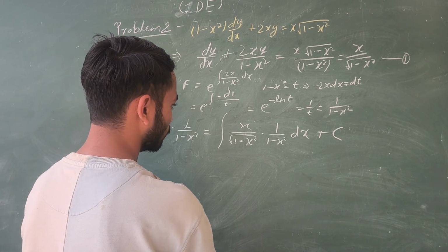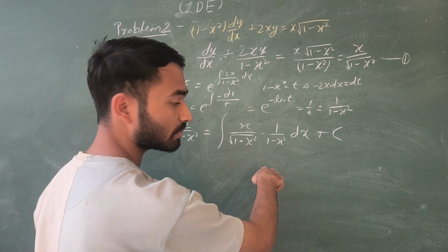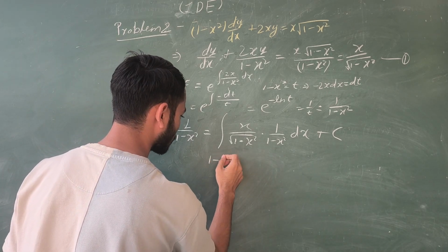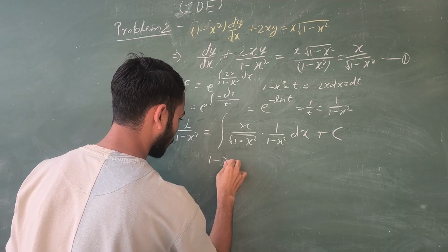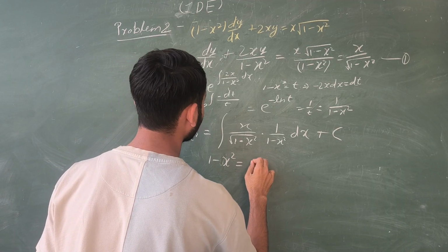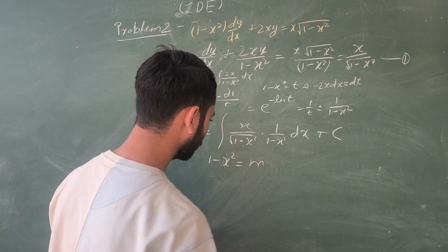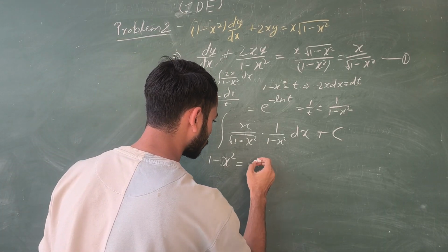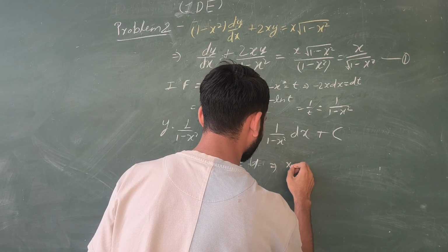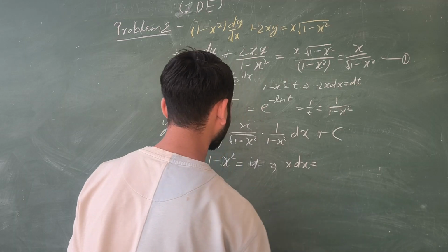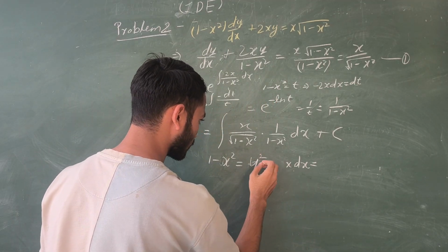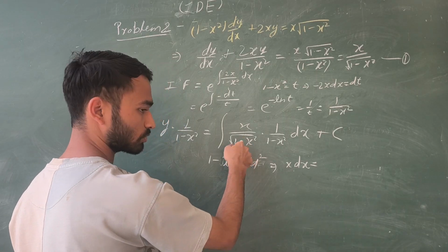Now if we substitute 1 minus x square is equal to say u, we will get x dx is equal to, we can take u square because we want the square root to be removed.